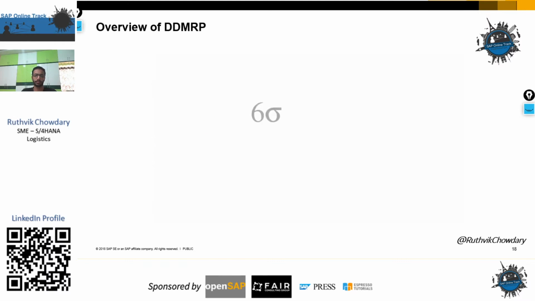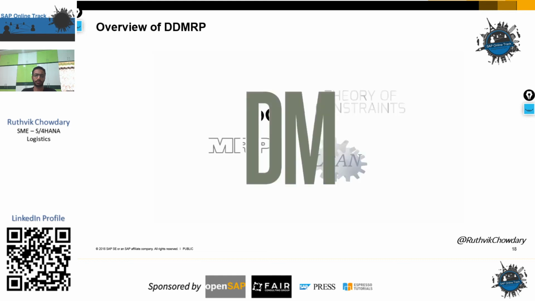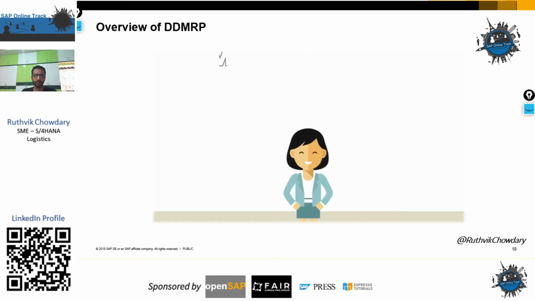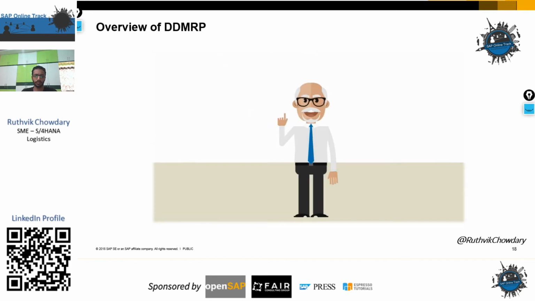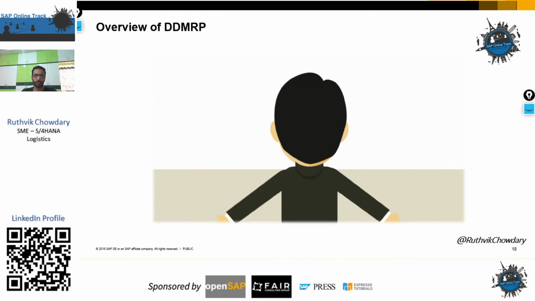Derived from the best industrial processes developed by leading manufacturers, DDMRP is a very effective answer to control your supply chain. With DDMRP, your financial controller is happy, your suppliers are happy, your customers are happy, and you are happy.